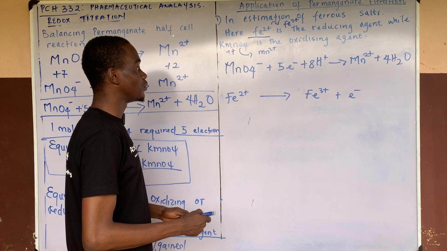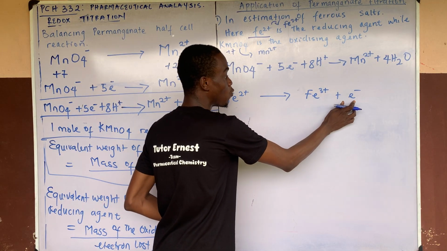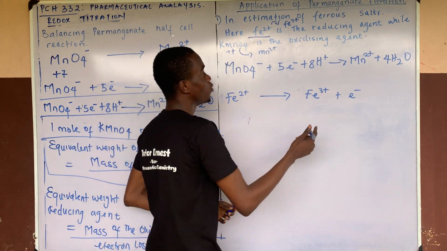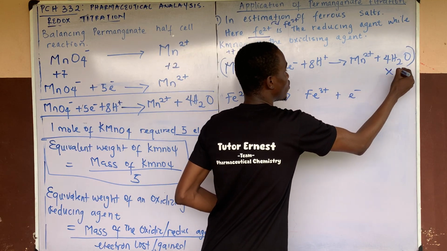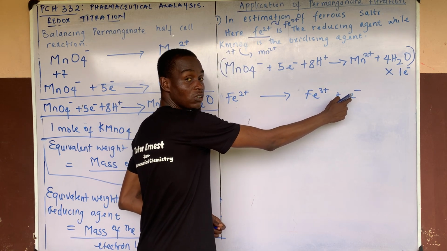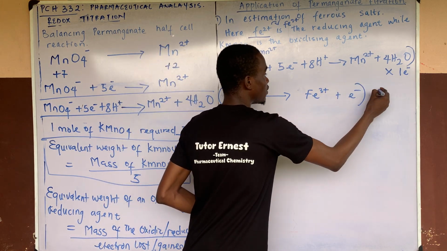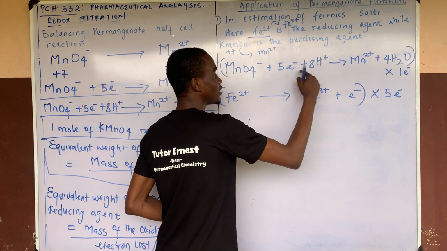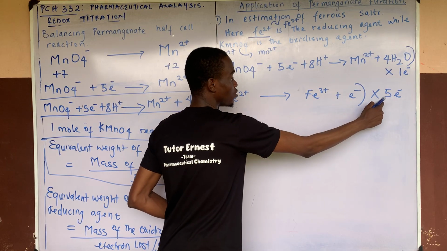Here we have the amount of electrons as 5, and here as 1 electron. So we'll multiply the permanganate equation by 1, the electron of ferrous, then multiply the ferrous equation by 5. As I said, cross multiply: this times this whole reaction, and this times this whole reaction.